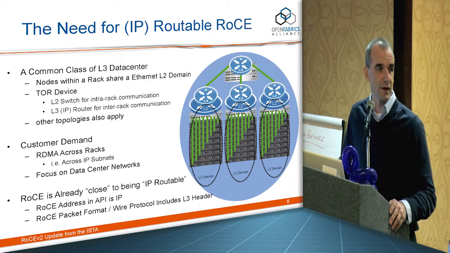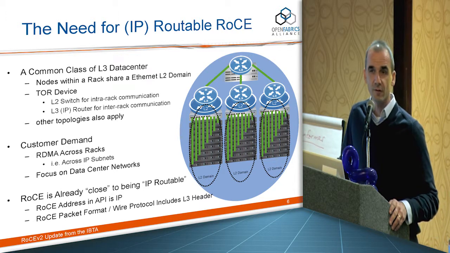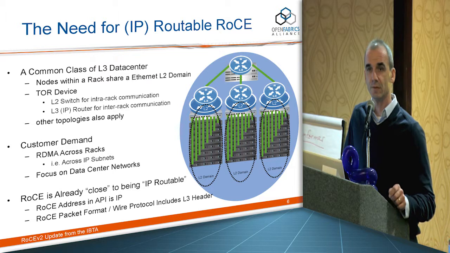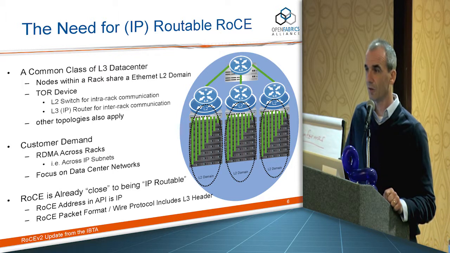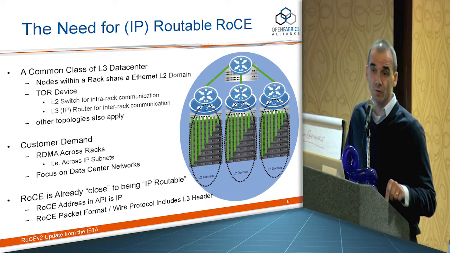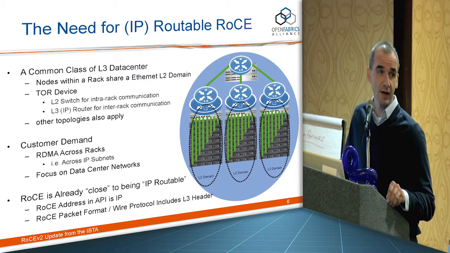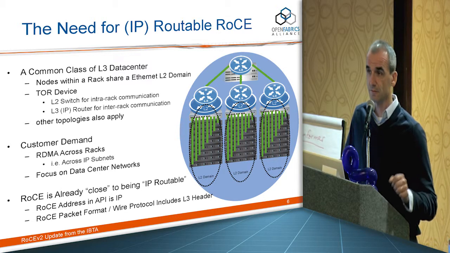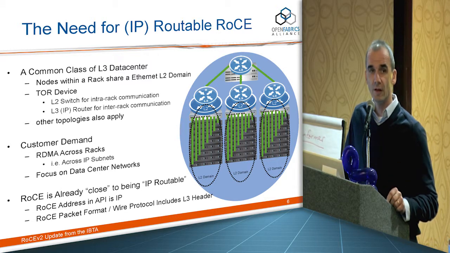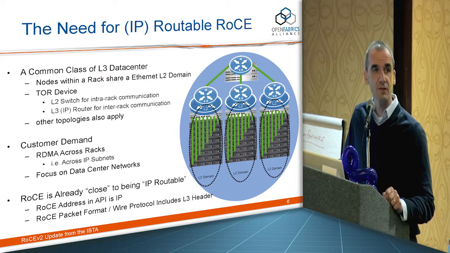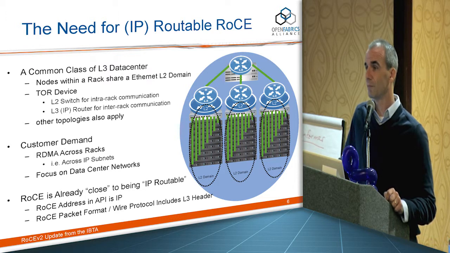Each one of these racks is a layer 2 domain, but the connection of these racks is done by virtue of layer 3 equipment. And if you want to do RDMA within a rack, then you can use RoCE because, as we said, it's a layer 2 protocol. But if you want to go across racks, you need to go through a layer 3 IP device, and RoCE doesn't do that.